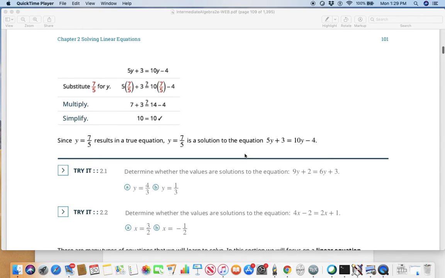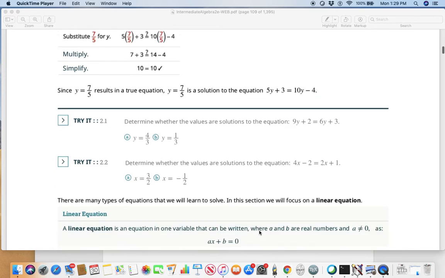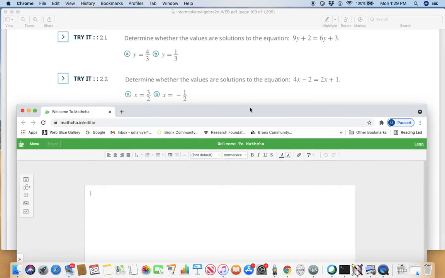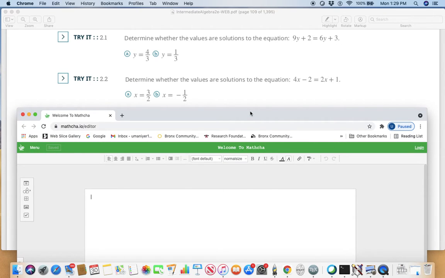All right. Similarly, now let's try ourselves this equation for these values. Okay. So let's try ourselves. The equation under question is 9y plus 2 equals 6y plus 3.